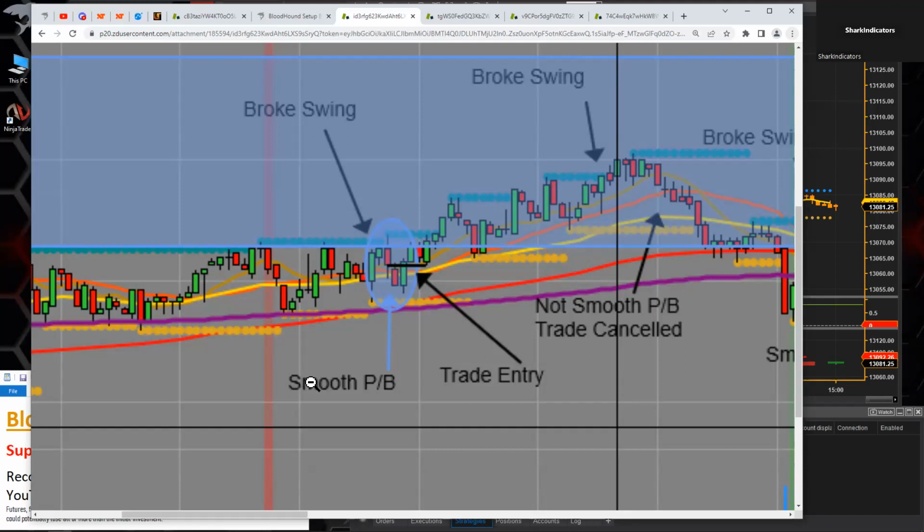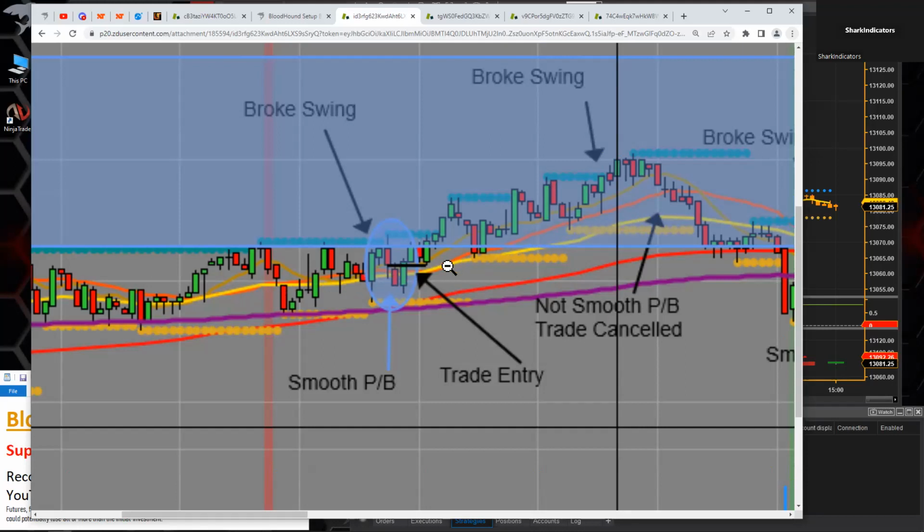And these pullbacks have a very specific requirement. They have to be, quote, smooth, and we'll explain what this smooth pullback means here. And then price has to pull back to the gold line here, right?